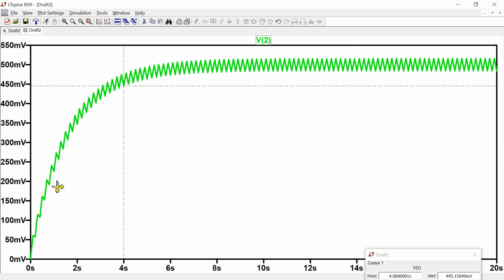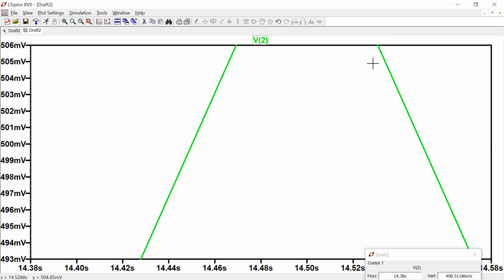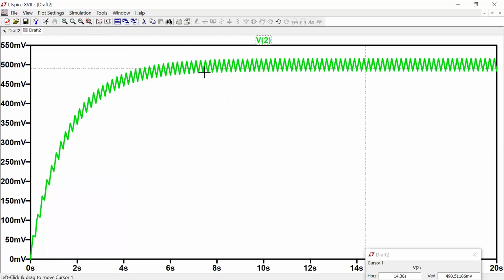You can see that it's headed, look at where it's headed, half a volt. And there's still some ripple, right? If I could completely get rid of the higher harmonics, this ripple would completely go away.